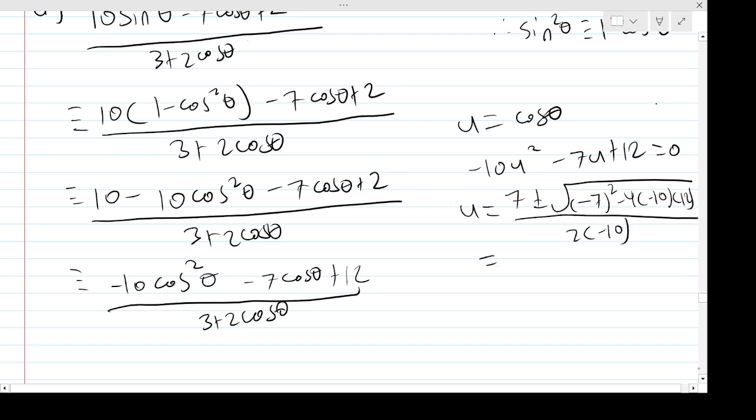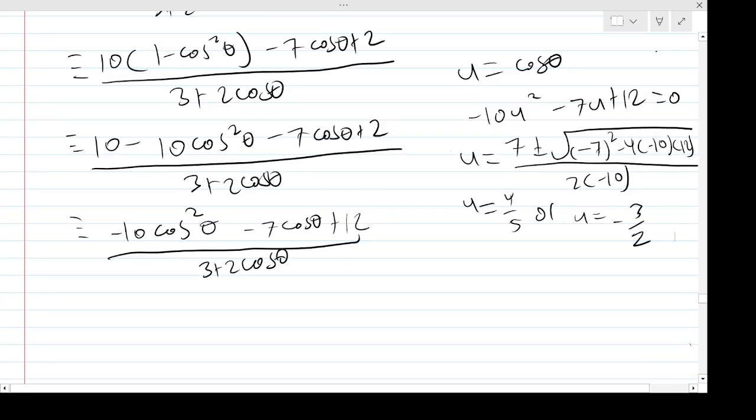If I put that in the calculator, I get u is 4 over 5, or u is minus 3 over 2.